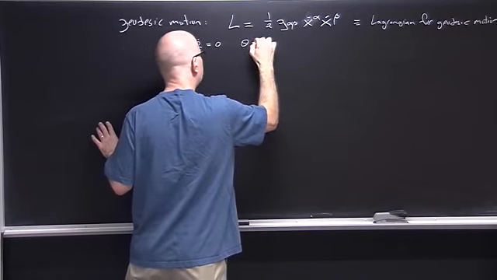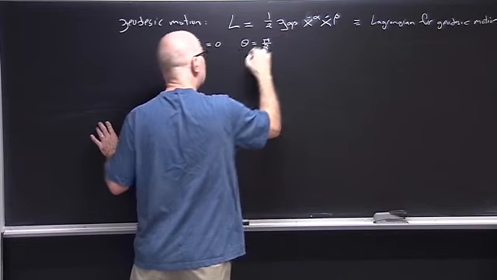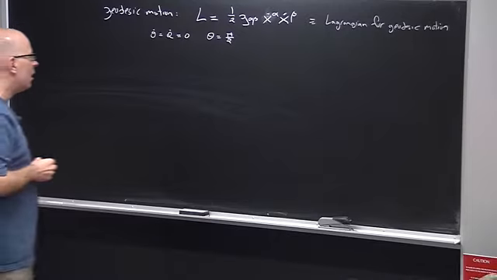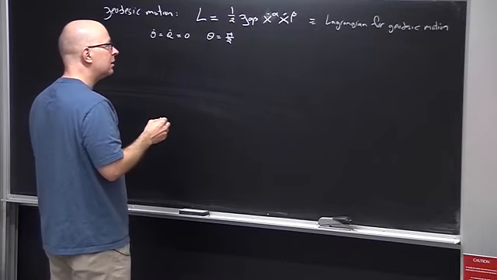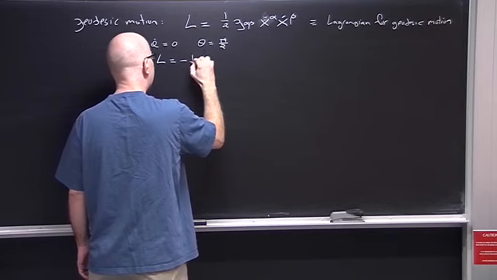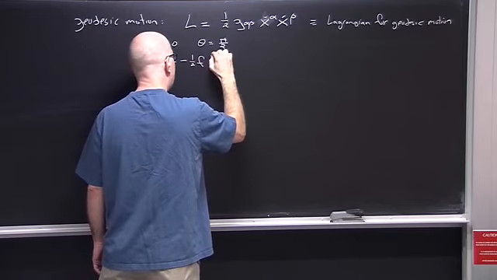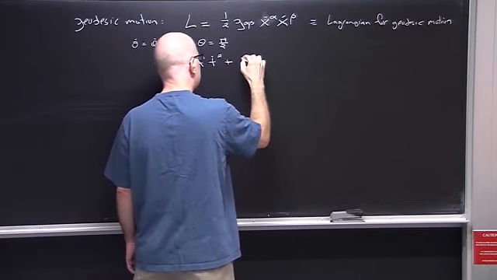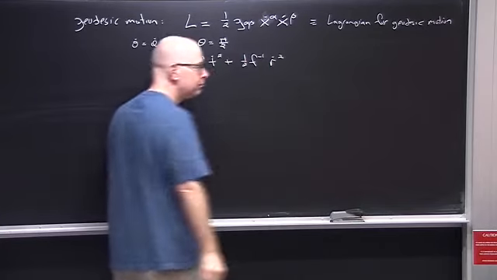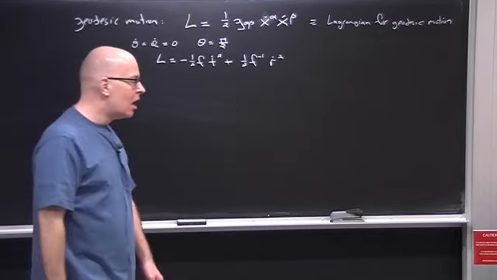I'm going to put the particle in the equatorial plane, so I can get rid of my sine squared theta. And for this kind of motion, the Lagrangian will reduce to -1/2 f t dot squared plus 1/2 f^-1 r dot squared, and that's all I have.